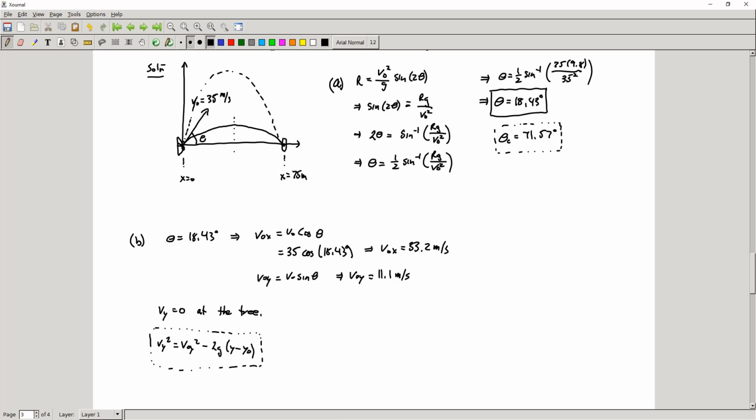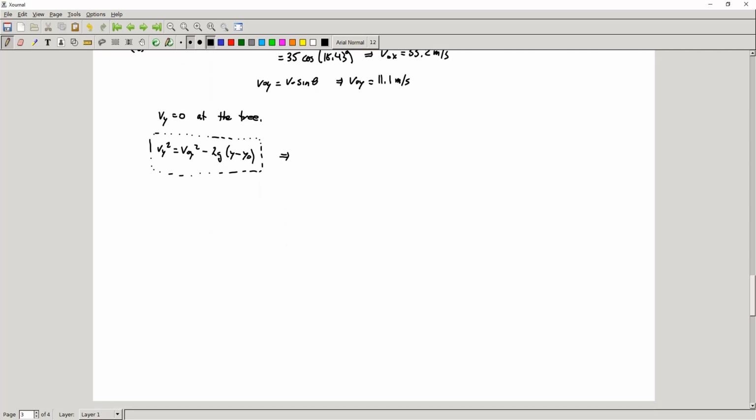So we can solve for y, the position in the y direction of the arrow as it passes the midpoint of its flight, as it's passing the tree. Let me scroll down a little bit. I'll just start substituting in numbers. Vy is going to be 0, so 0 squared is equal to v0y squared, which is 11.1 squared, minus 2, and g is just 9.8, times y, and our y naught is just 0.